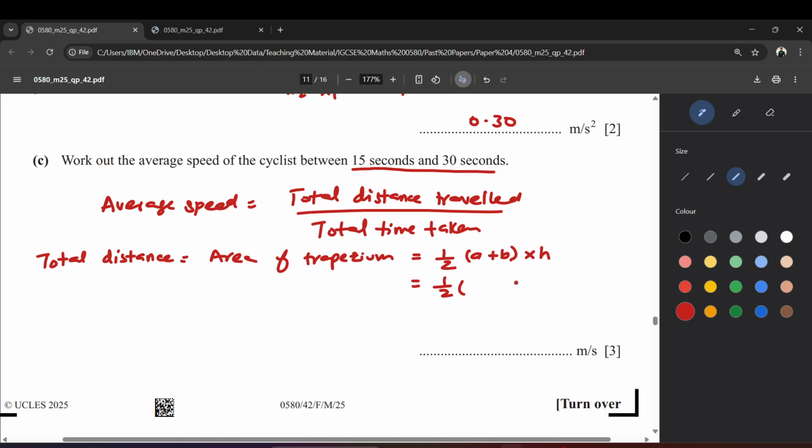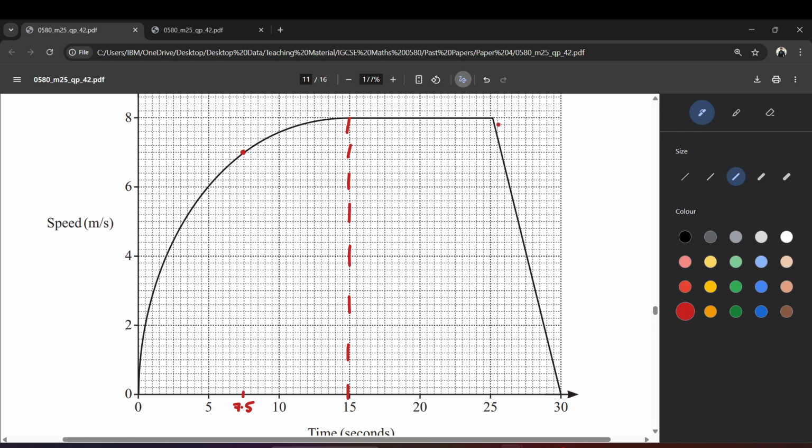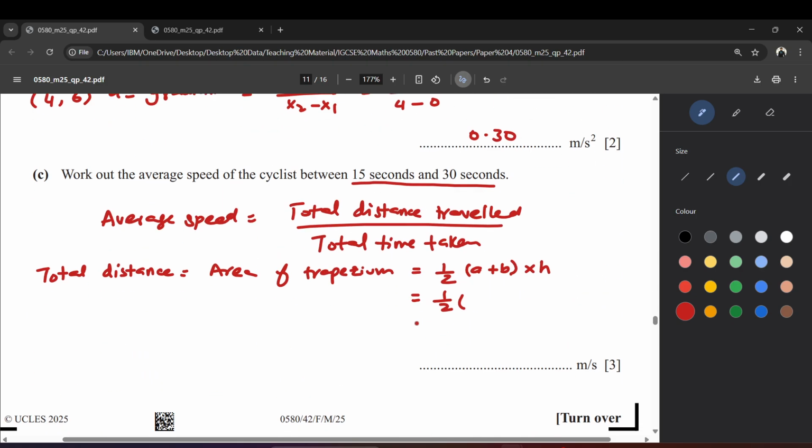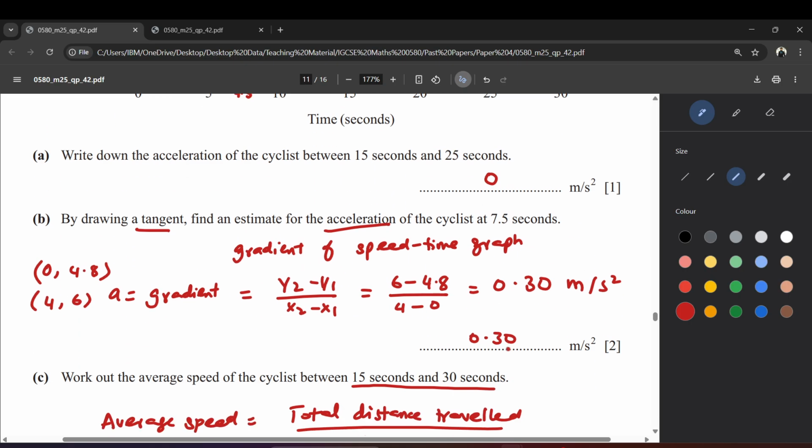So half times, okay, A will be 30 and 15, right? So you need to find the difference. Or let's say that this is A, for instance. This is A and this is B. So this will be the difference between 25 and 15, so that is 10, plus this will be 30 minus 15, which is 15.